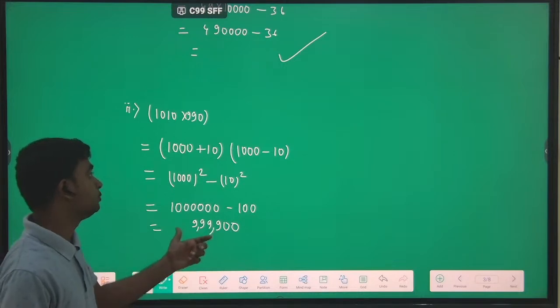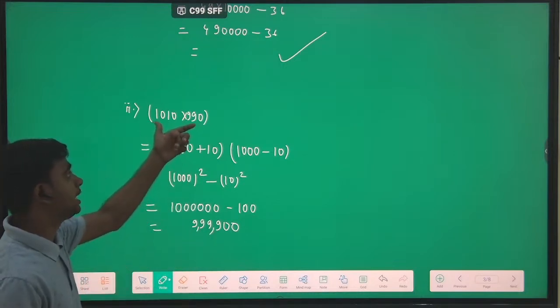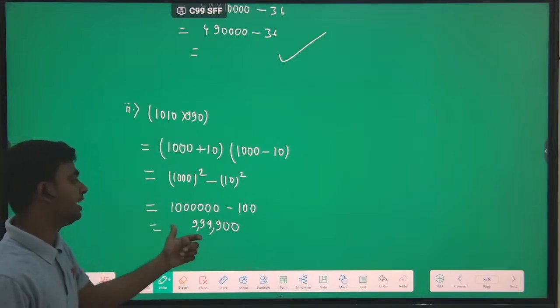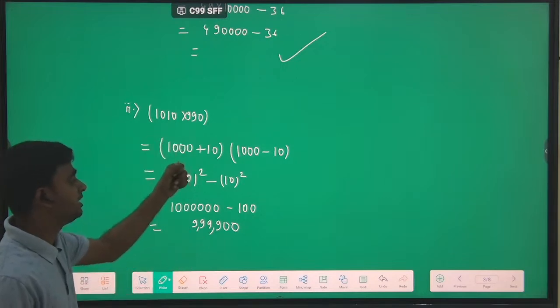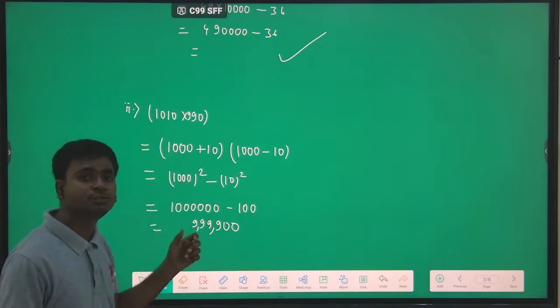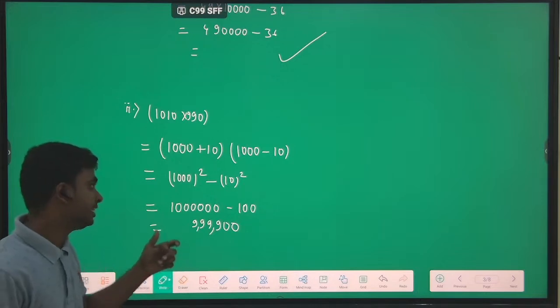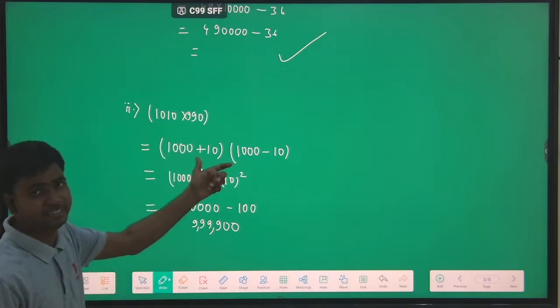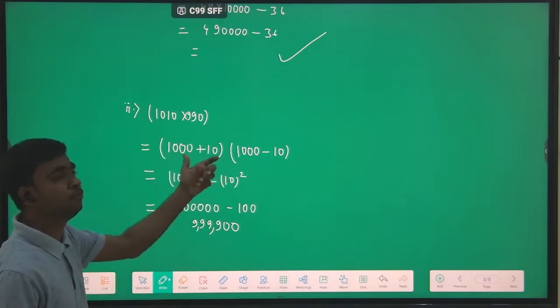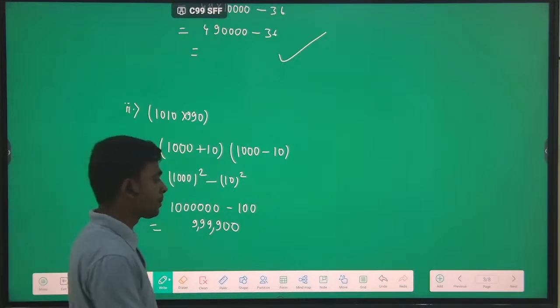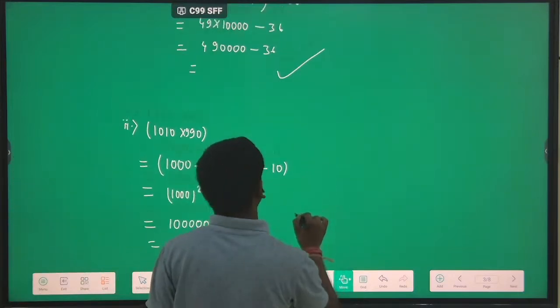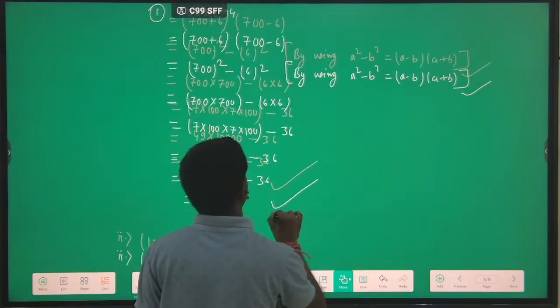So like this, we have to solve this type of questions by using identities. By using identities, the solving time which we are taking is very less. That is why we are introduced to these identities. This makes our work very easy. Now, our third example.